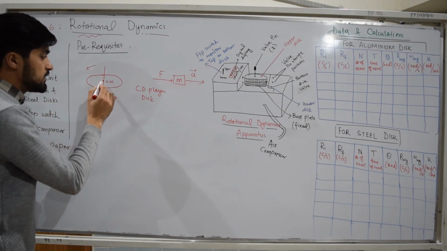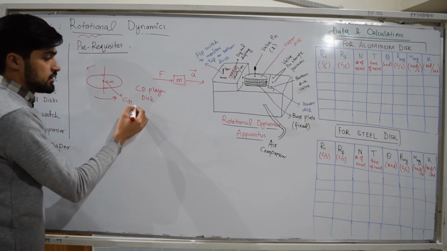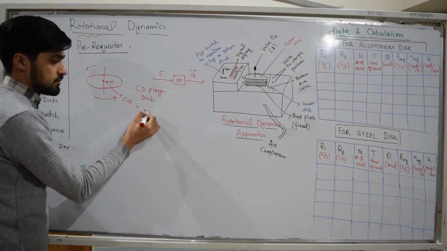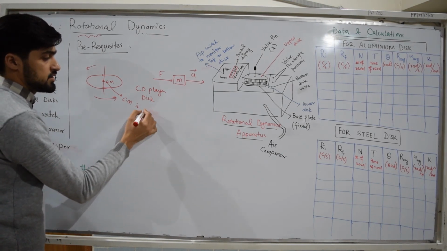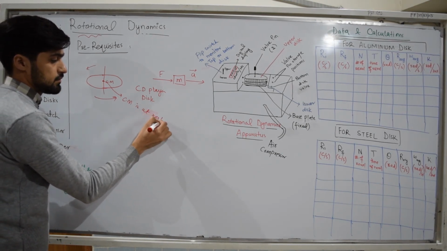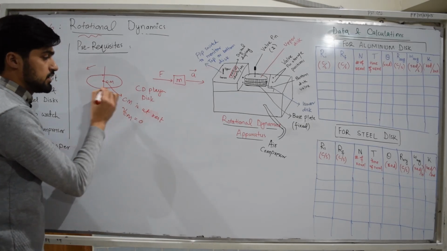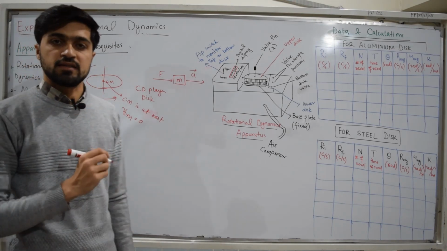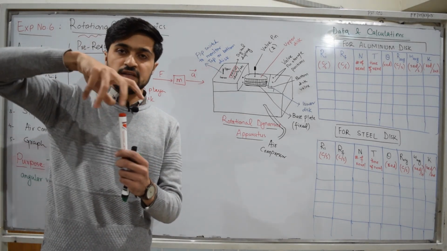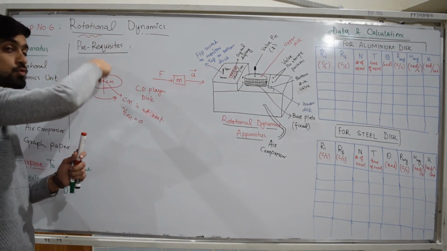So we can say that the center of mass of this system is at rest. The velocity of the center of mass of this system is equal to 0, because the disk is rotating about a fixed axis that passes through the center of mass.